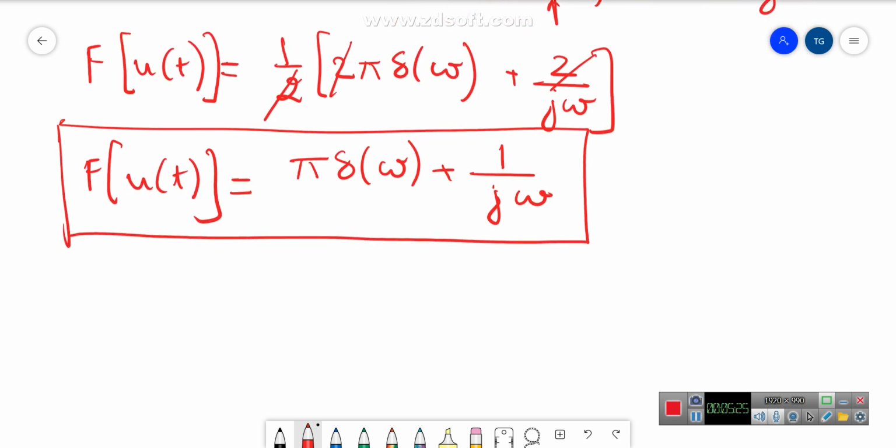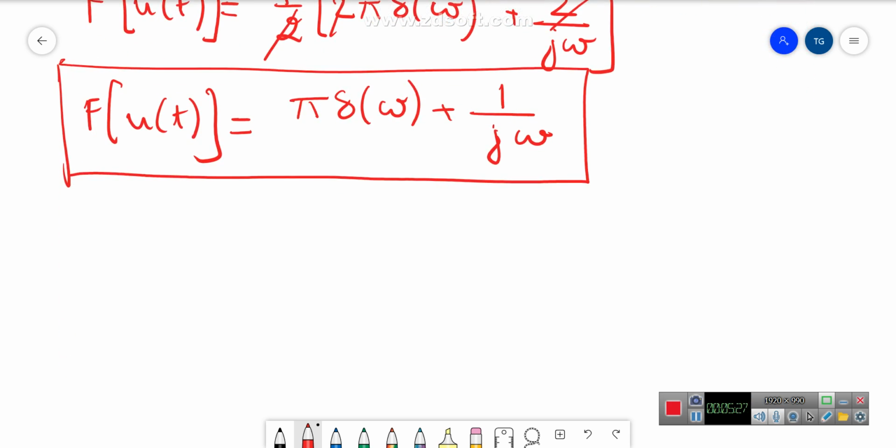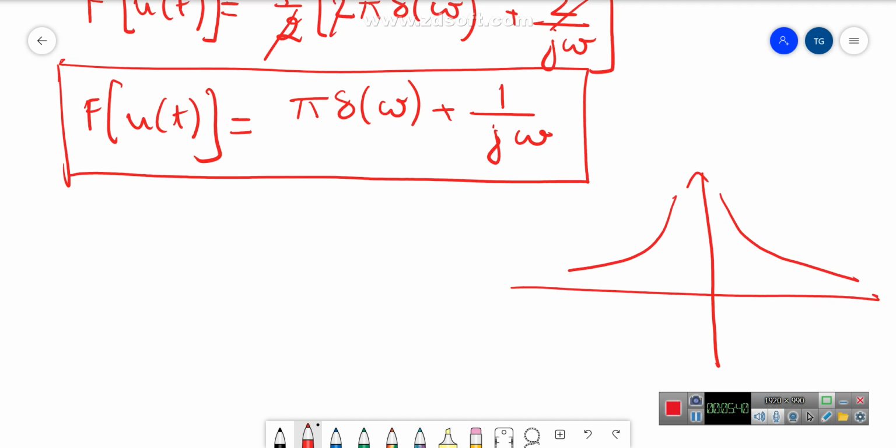The Fourier transform can be expressed, and will look like this. So this is my x of omega, my Fourier transform of the unit step signal.